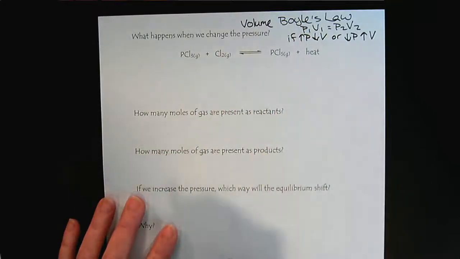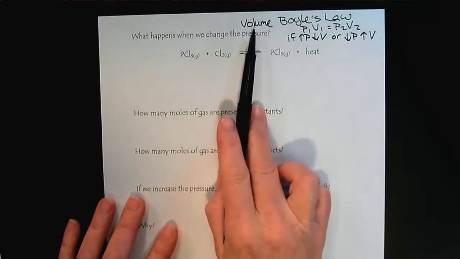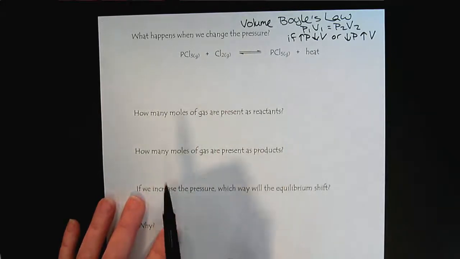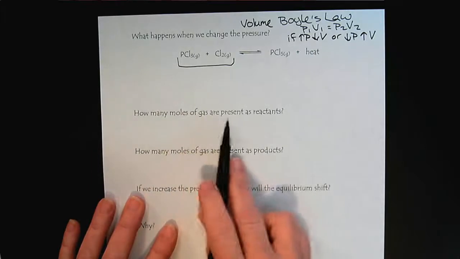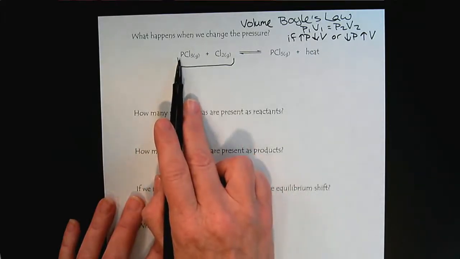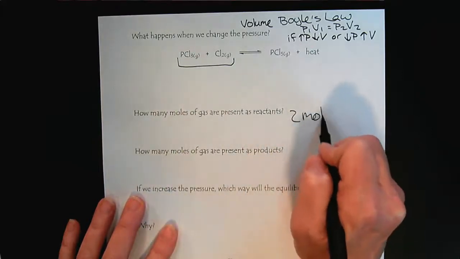So anytime we're asked to do an equilibrium question and we talk about a change in volume or pressure, the first thing we want to do is look at our reactants and see how many moles of gas are present. So we look at the reaction coefficients, 1 plus 1. So we have 2 moles of gas.